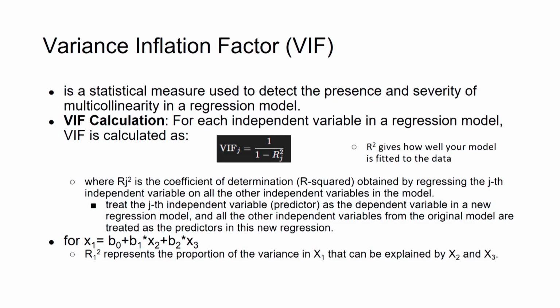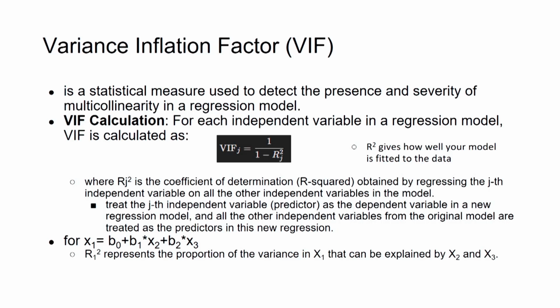For all these 3 regression models, we will calculate R1 square, R2 square and R3 square. R1 square will represent the proportion of variance in x1 that can be explained by x2 and x3, and in the same way R2 square will represent the proportion of variance in x2 that can be explained by x1 and x3, and so on.